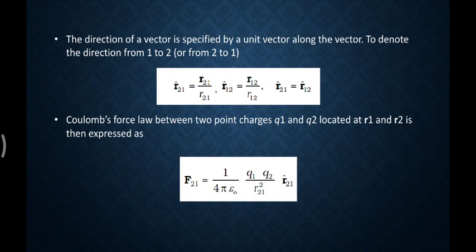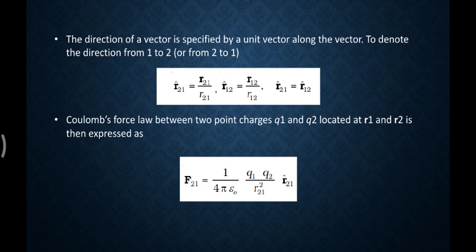Now we have to introduce the direction, so we have to use the unit vector, and the unit vector is r21 as per the above discussion. Now this is the final. The bold F tells us it is a vector.